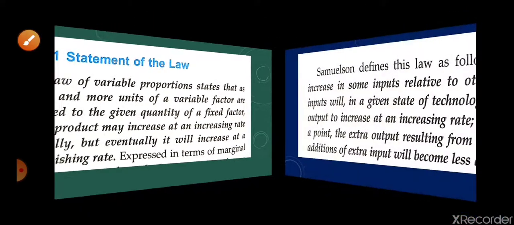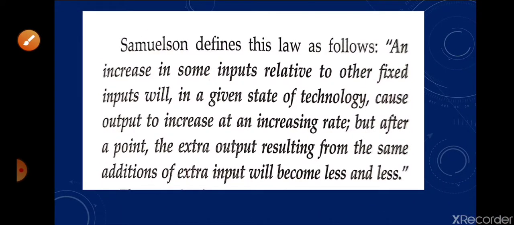Now we discuss another statement, by Samuelson. An increase in some input relative to other fixed inputs will, in a given state of technology, cause output to increase at an increasing rate, but after a point the extra output resulting from the same addition of extra input will become less and less. It is the same thing: if we do not change the technology, the machine part is fixed.